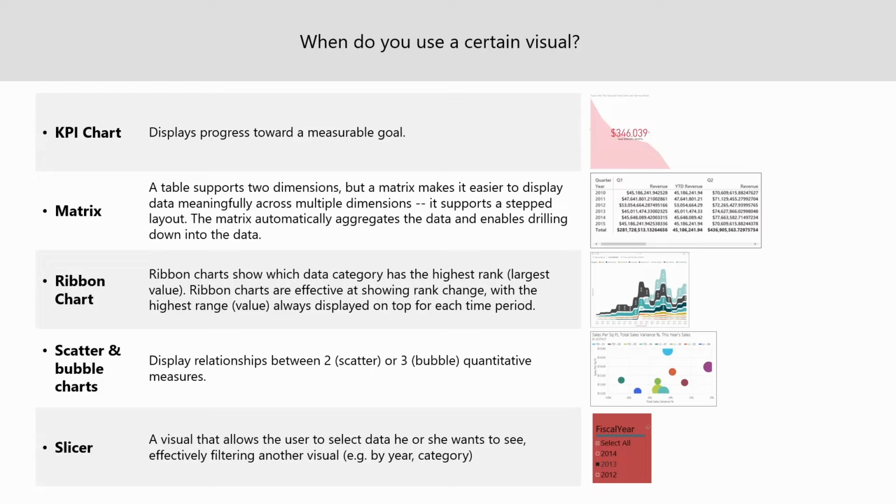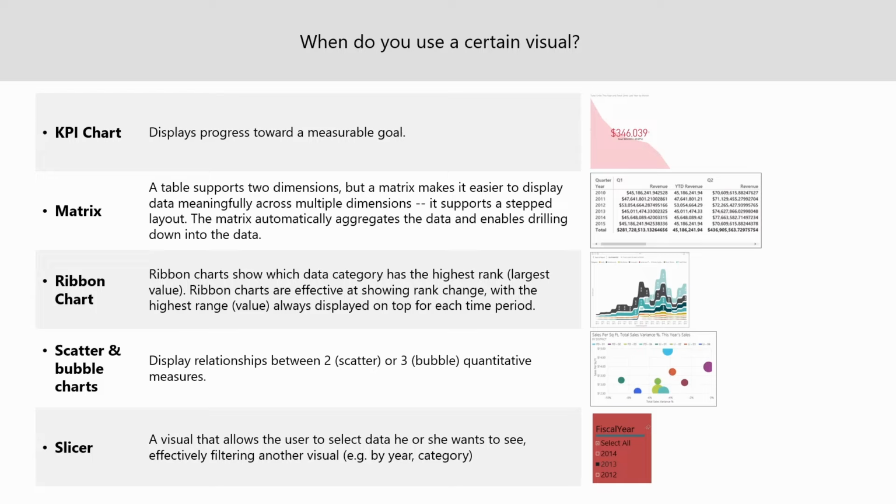A matrix is some kind of table, but it has multiple dimensions, and it also automatically aggregates the data and enables drilling down. A ribbon chart shows which data category has the highest rank. So they're effective in showing a rank range or change, with the highest range always displayed on top for each time period.